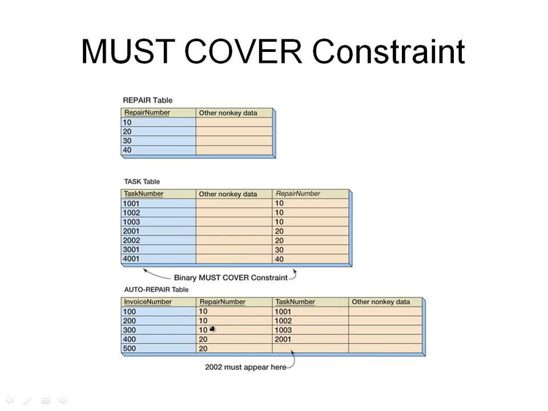So if I have here 20, then the task number should be in the 2000 task numbers. If I put 3001, then it's not accurate. If I put 4,000, it's not accurate. If I put 1,000, it's not accurate. Since this is a repair number of 20, then the task number must be in the 2000, and the next number will be 2002.